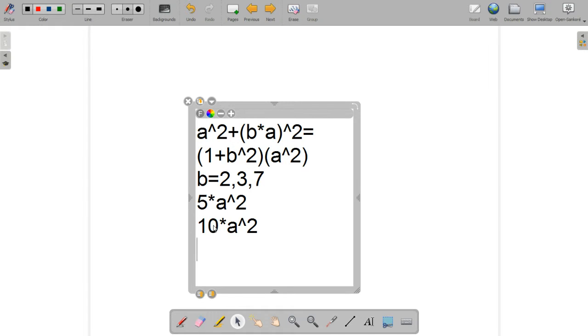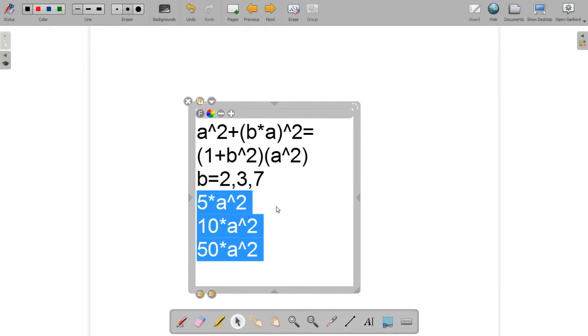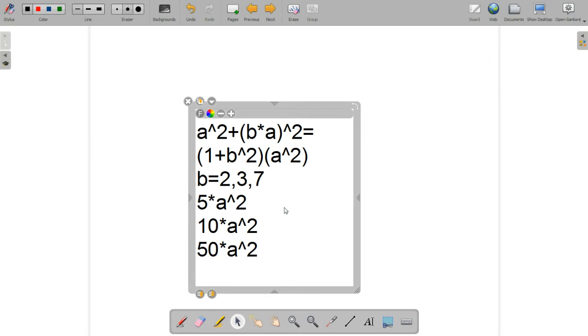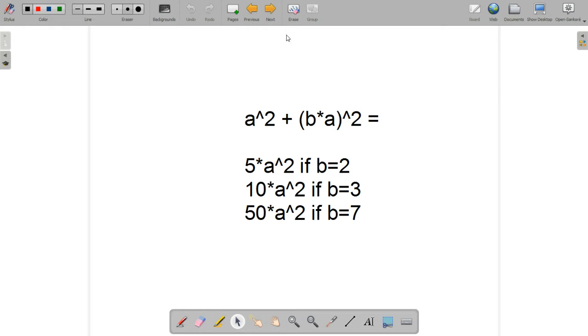You could probably extend it to other numbers, but anyway, 7 squared, 49 plus 1, 50. So 50 times a raised to the 2. So we have these three numbers. Now that we have these three numbers, let's move on.